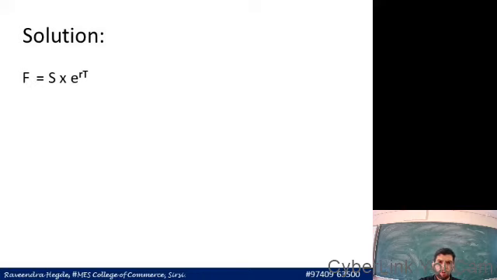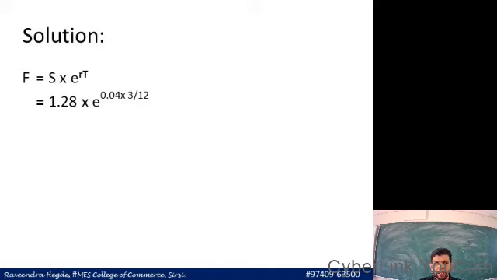First, let me write the formula. In this case, you need to find both values using S e raised to rt and S e raised to (r minus c) into t, and check whether the spot price 1.28 lies between these two values or not. Definitely it will. So 1.28 into e raised to 0.04, that means 4%.